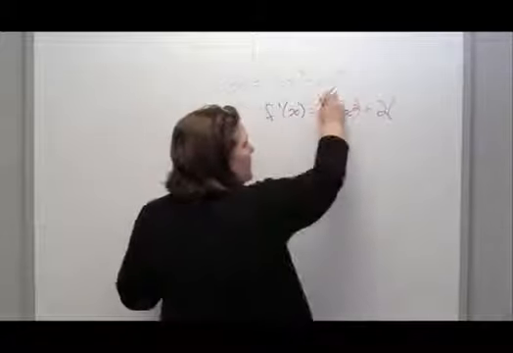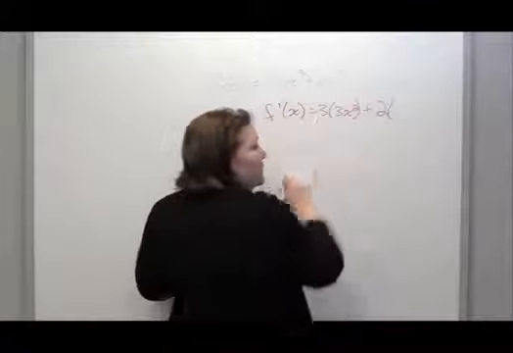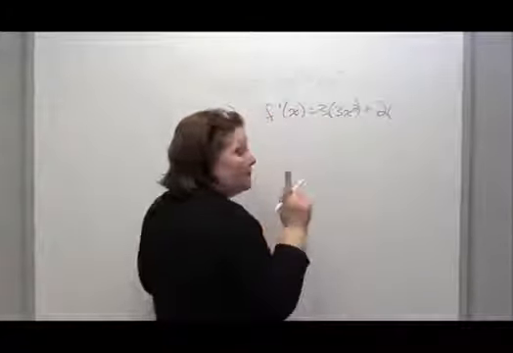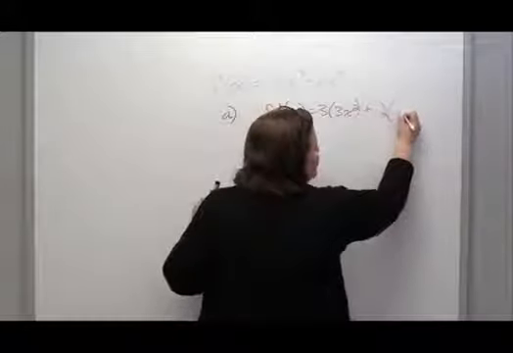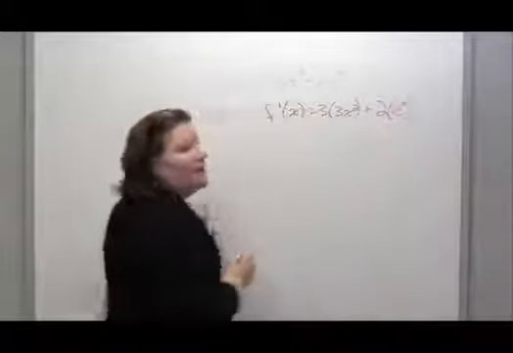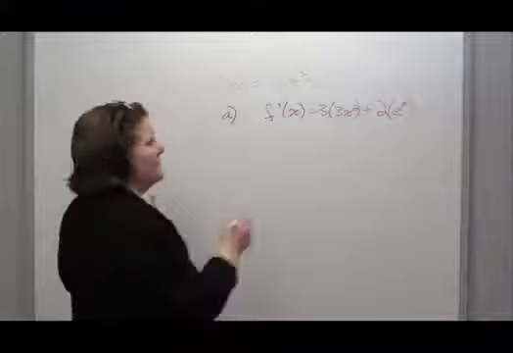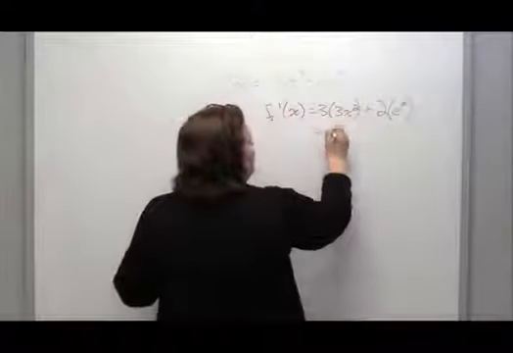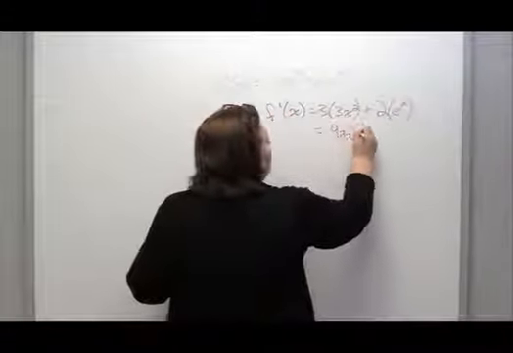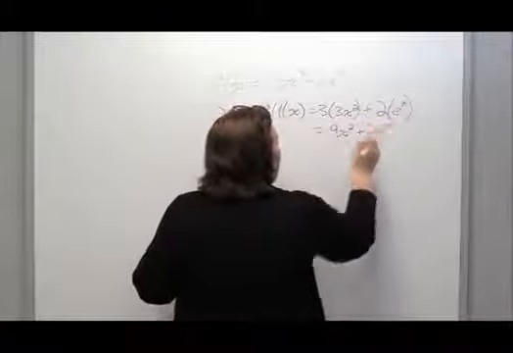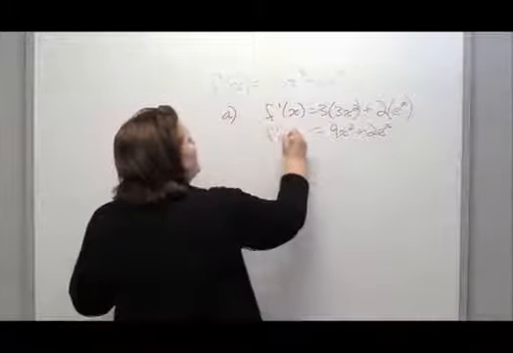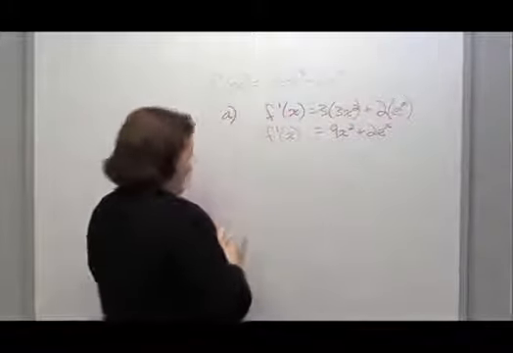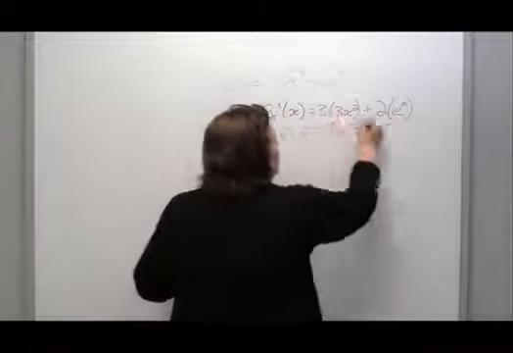And we saw that the great thing about our natural exponential is the derivative of e to the x is just e to the x. So simplify. We have f prime of x is 9x squared plus 2e to the x.